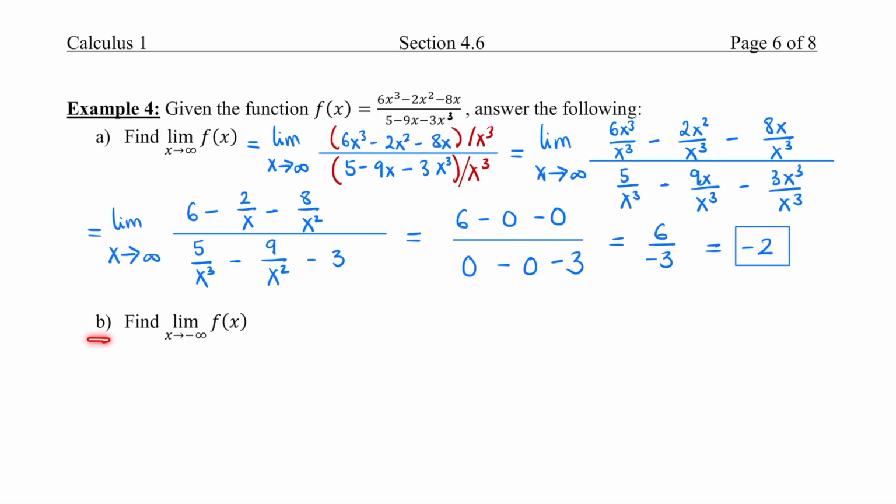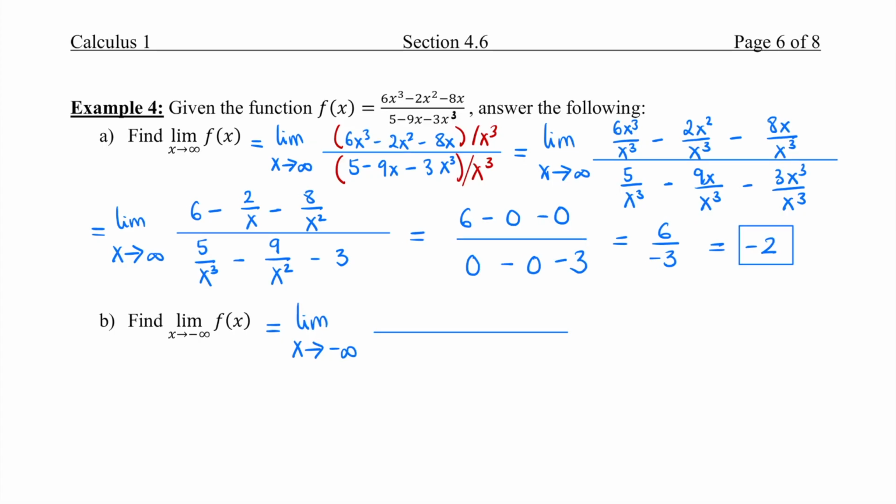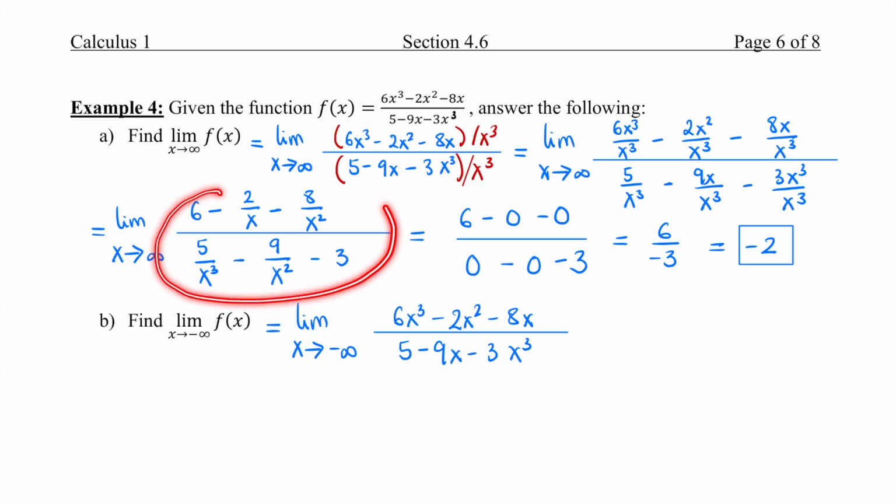Question B, we want to find the limit of f of x as x approaches negative infinity. First, let's replace f of x with this fraction. As x approaches negative infinity, we will have the combination of infinity over infinity, which is the indeterminate form. So we will use the same simplifying expression.